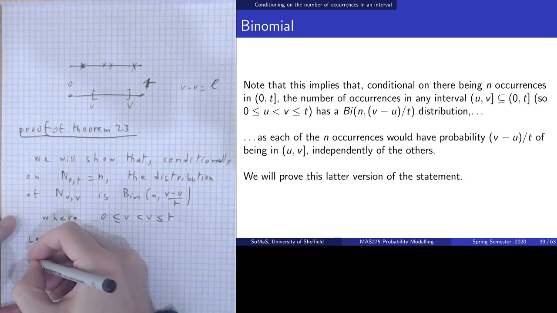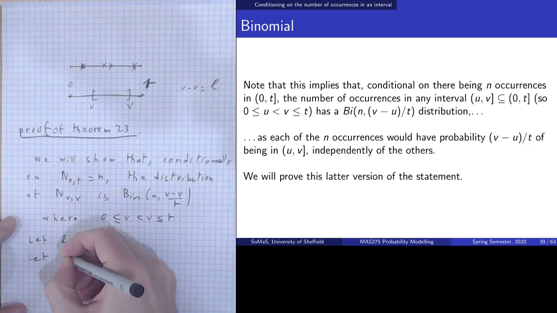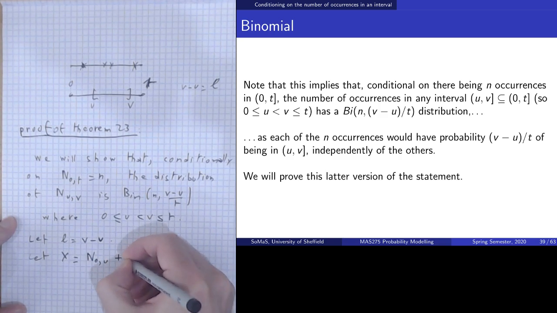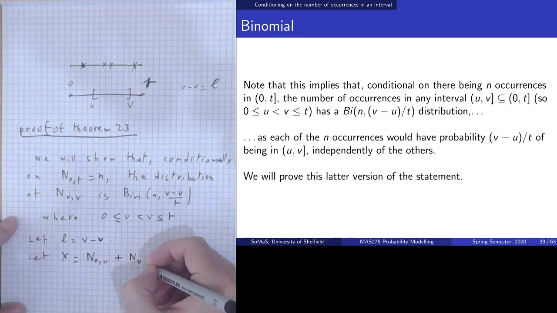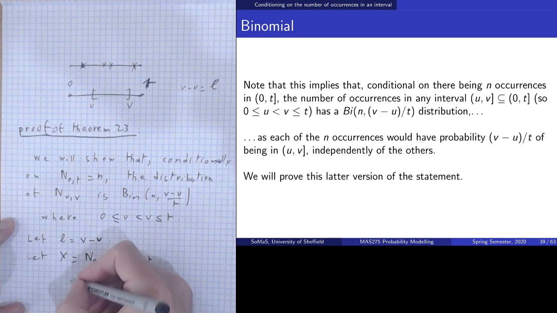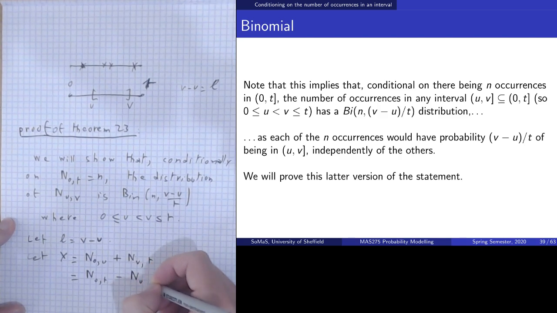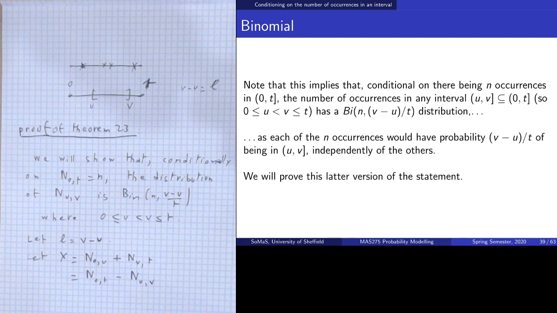And to do that, I'm going to let X be N_{0u} plus N_{vt}, which is the same thing as N_{0t} minus N_{uv}, of course. It's what's on the side.